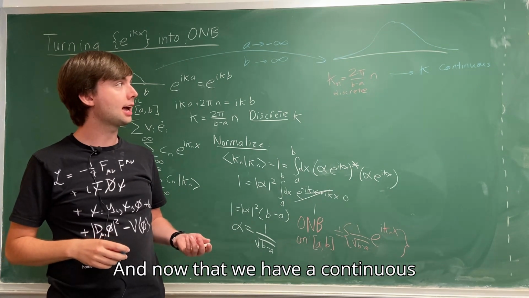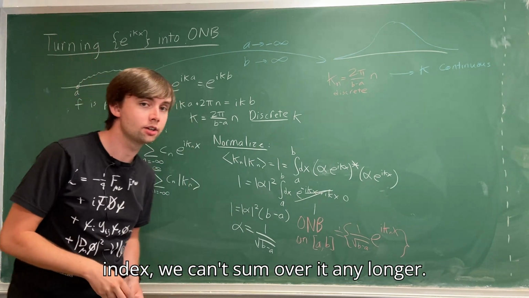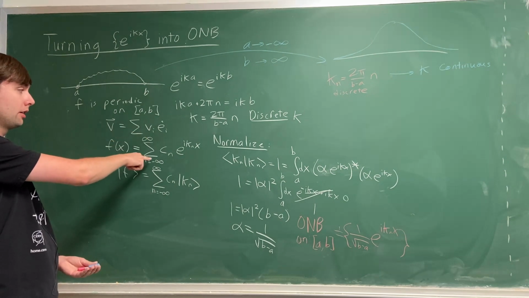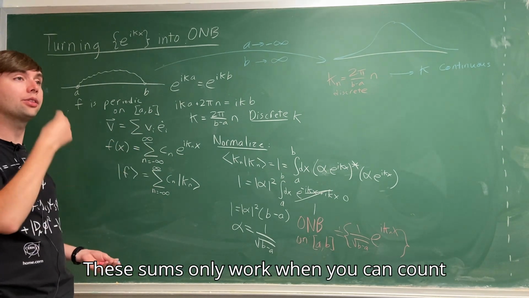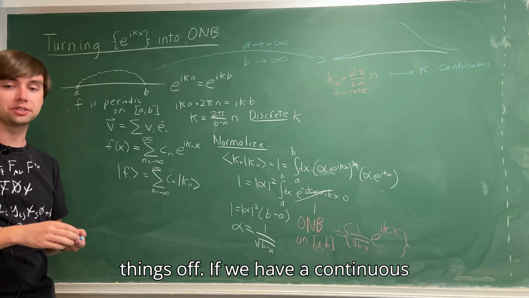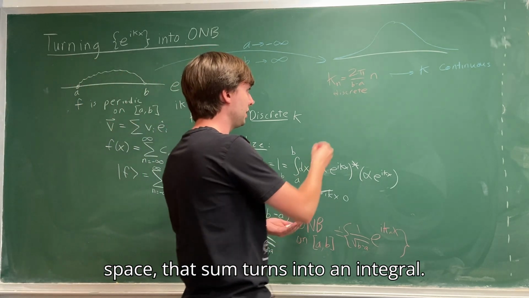And now that we have a continuous index, we can't sum over it any longer. These sums only work when you can count things off. If we have a continuous space, that sum turns into an integral.